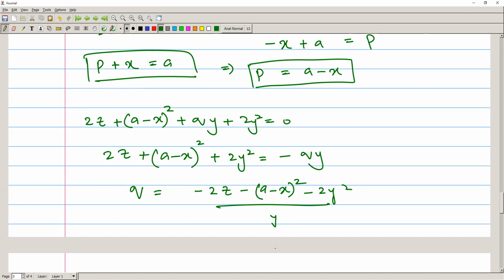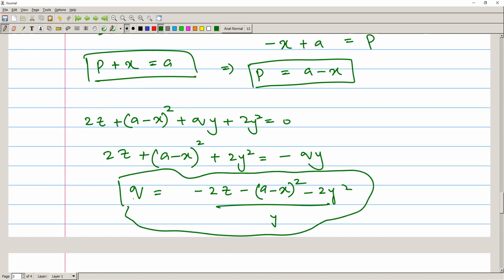So now this is a function of x and y on the right hand side. So we found q as a function of x and y. Now the next step, we found p as a function of x, y, but it's only a function of x.